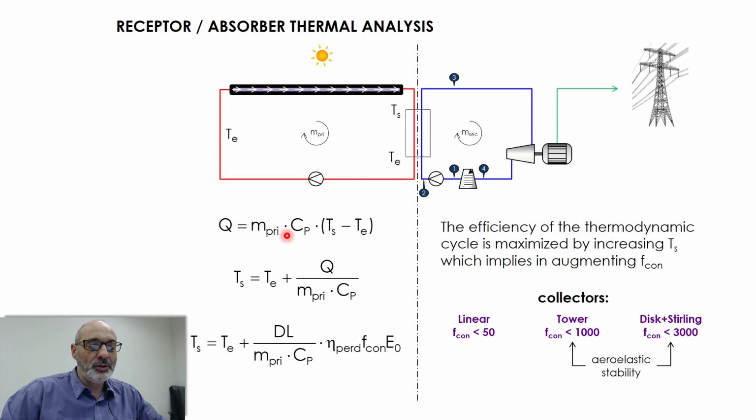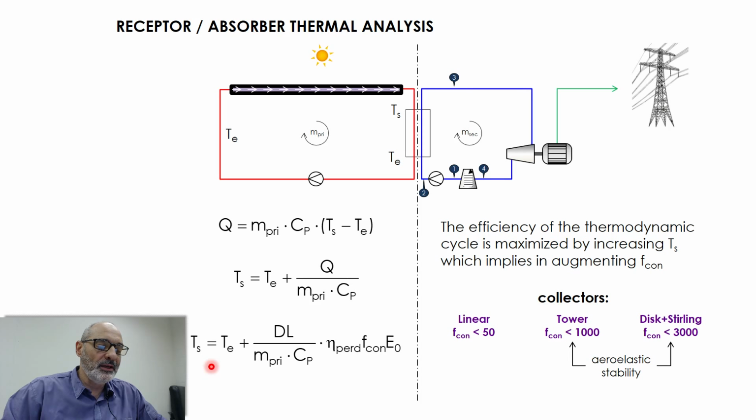Its temperature varies from TE to TS, and the first law of thermodynamics tells us this: it's the flow rate times the specific heat at constant pressure times delta T. From this formula, you can calculate TS, just isolating TS, and by replacing Q from the previous slide, from the solar collector, we have this working formula here.